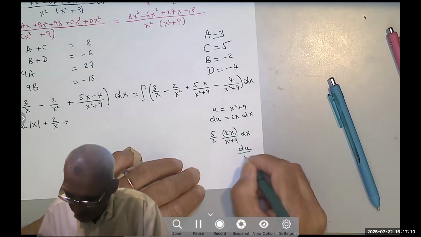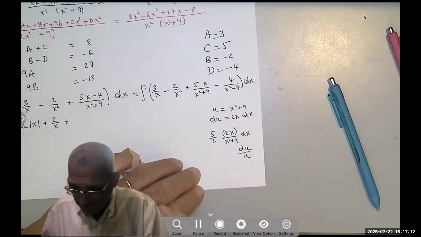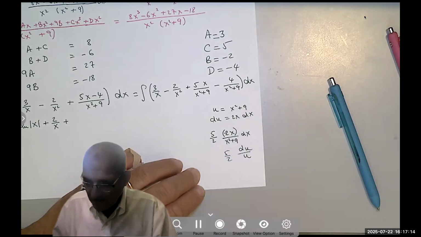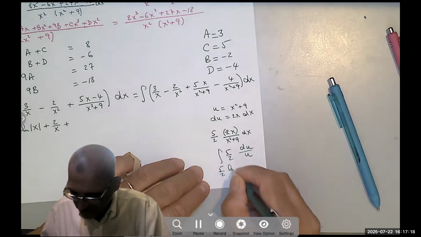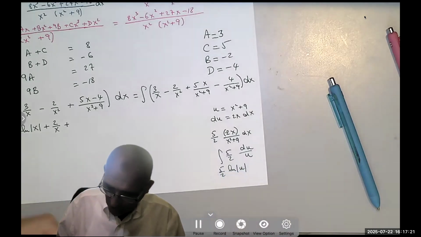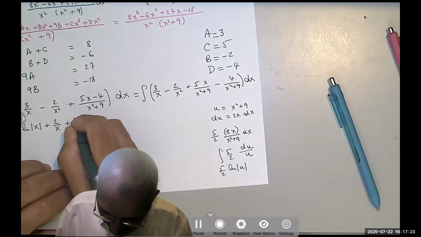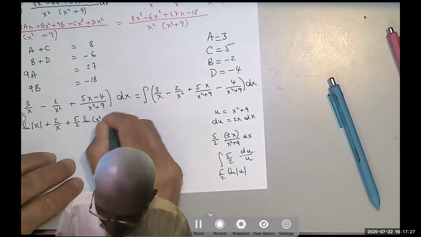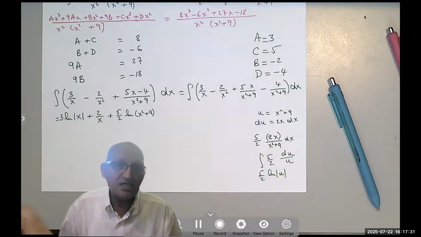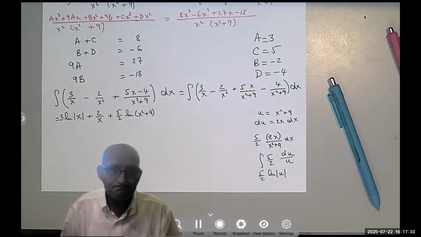U is x squared plus 9. And I have 5 halves. So the integral of that is 5 halves natural log of u. So I write it here as 5 halves natural log of x squared plus 9. And again, I don't need the absolute value since x squared plus 9 will always be positive.